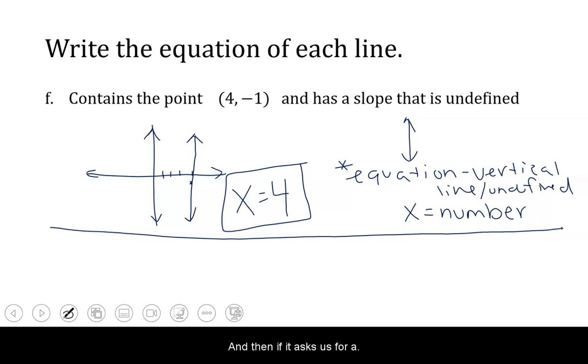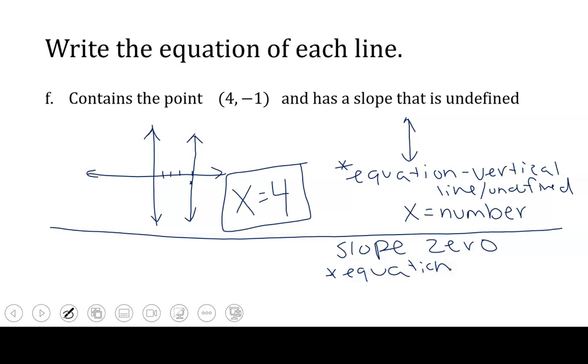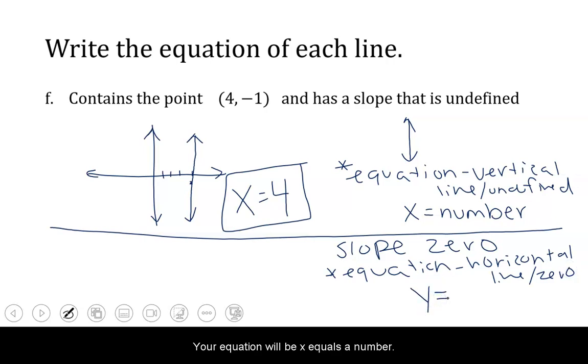And then if it asks us for a slope that is 0, the equation for a horizontal line, or 0 slope, will be y equals a number.